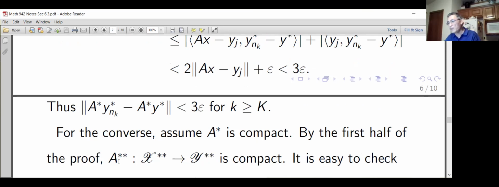Then if A double star is compact, we know that X is a subspace of X double star.